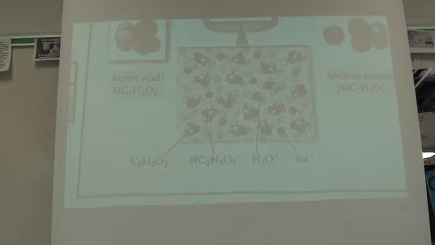If you were to look at a particulate diagram of that, the sodium acetate in solution is an ionic compound that totally ionizes, furnishing an acetate ion and the sodium ion. Acetic acid minimally dissociates, so there will be some protons and a few more acetate ions from the acid.